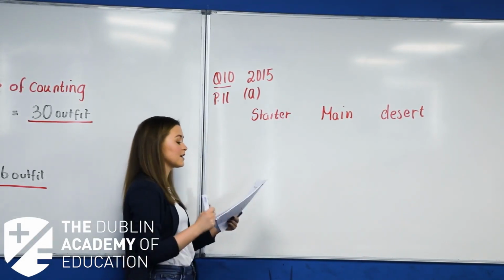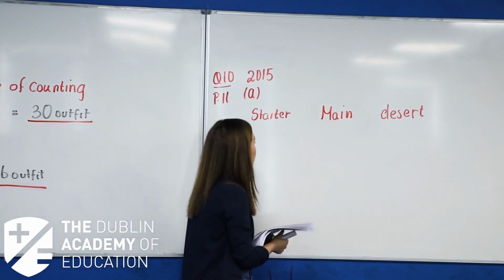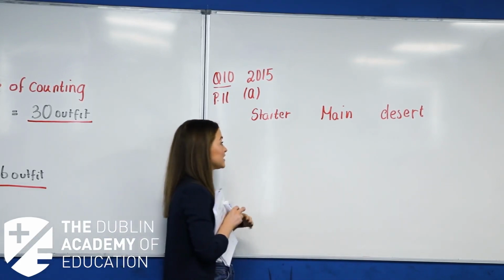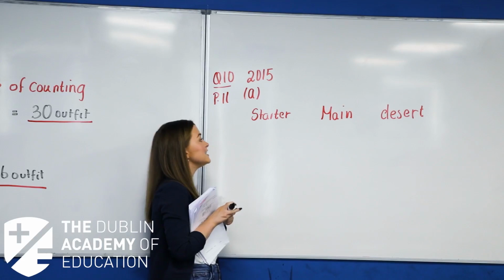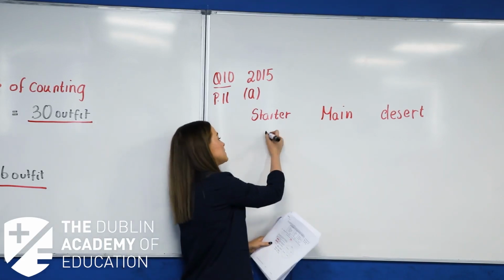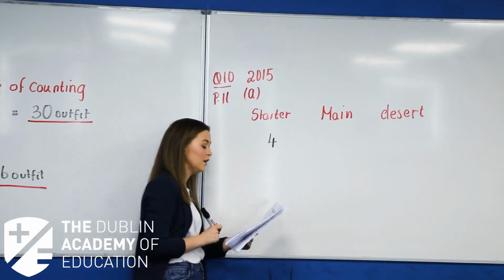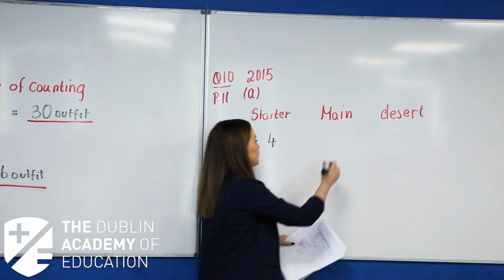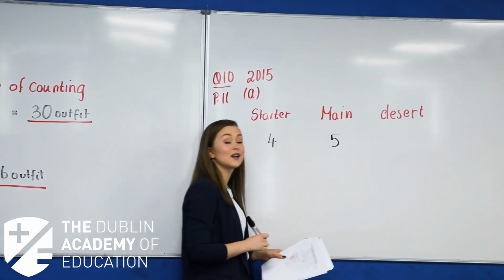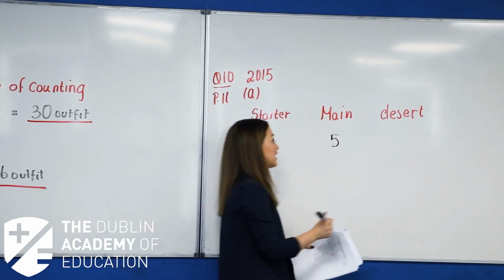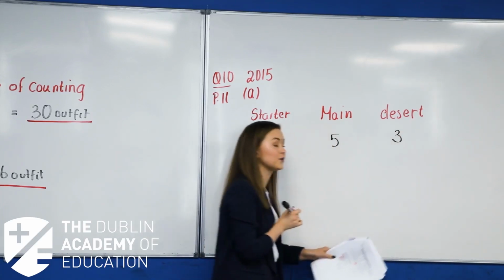So how many starters do we have first of all? Well, if you want to note it down beside where you have your starters, there are 4 different starter options. So pop down 4. For your main course, there's 5. And finally, for your dessert, there's 3. We'll all be hungry after this, okay?